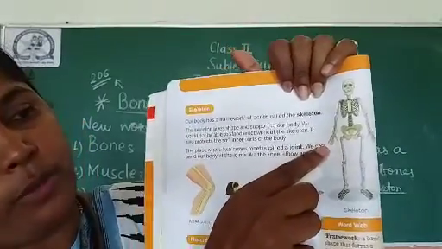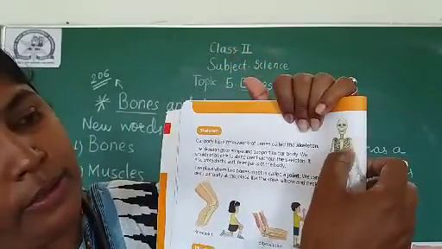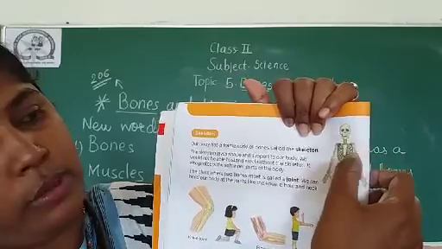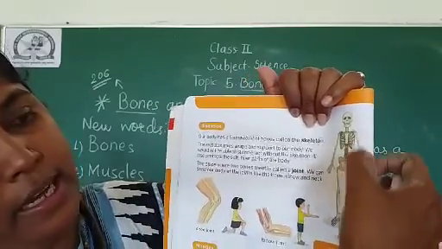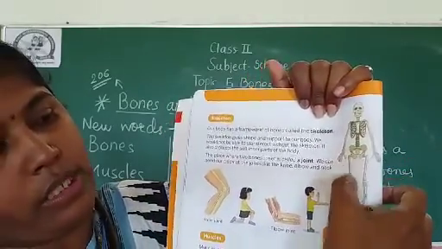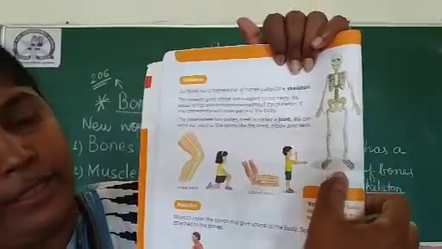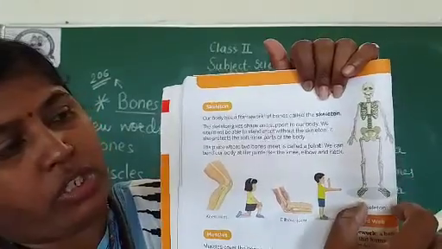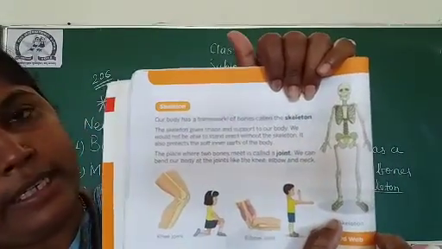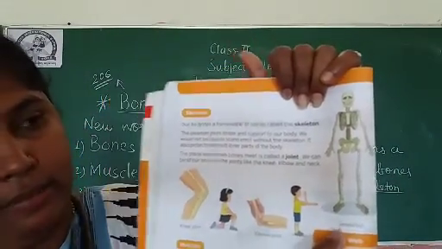These are the small bones of the fingers. This is a cage of bones, and in that our heart is present. Again here are the bones. And these are the bones of the legs. Again, these are the bones of the foot or feet. So this complete structure, this complete framework, is called the skeleton.